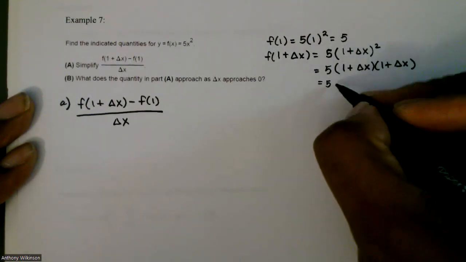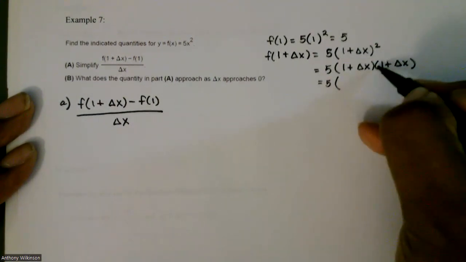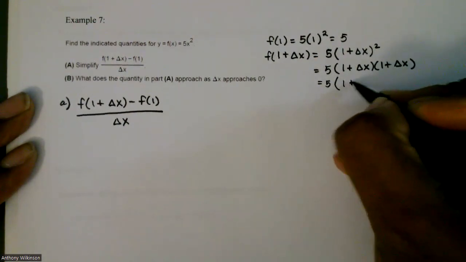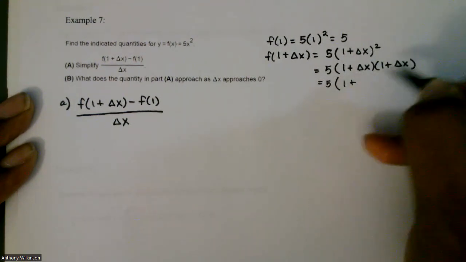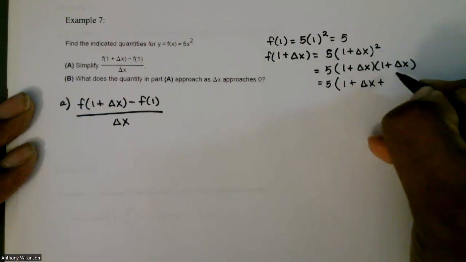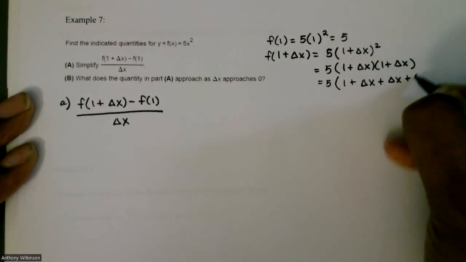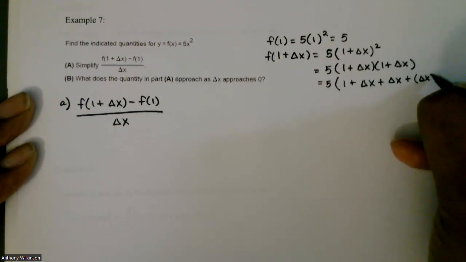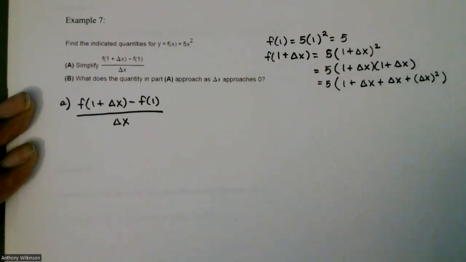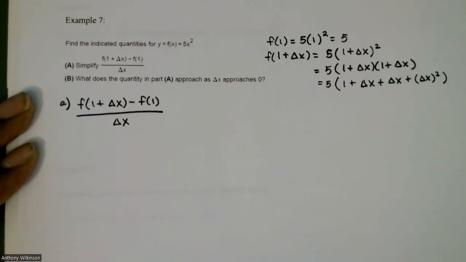Then we have 5 times this. We have to use the FOIL method. 1 times 1 will be 1, plus 1 times the delta x will be delta x, plus delta x times 1 will be another delta x, plus delta x times delta x is delta x, and you square it.